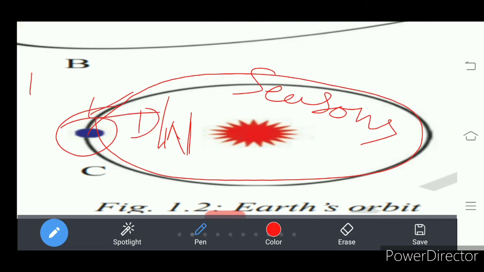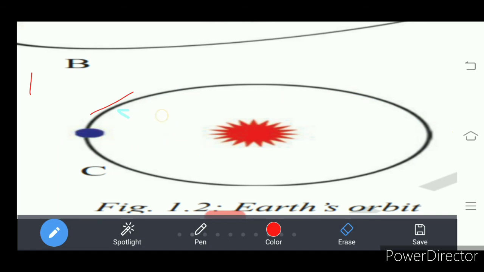Seasons take place by the earth's revolution around the sun. Okay, this is the shape of the earth's orbit, the rotation and revolution of the earth, and the changes taking place by the rotation and revolution of the earth.